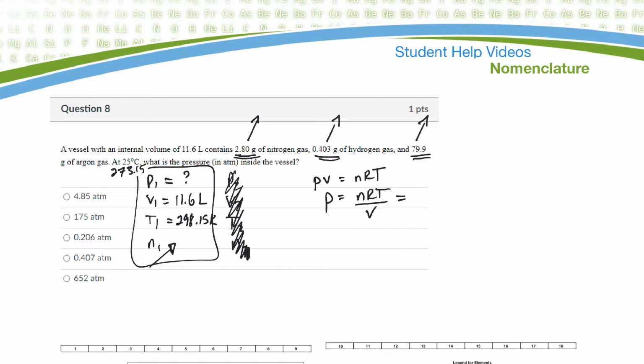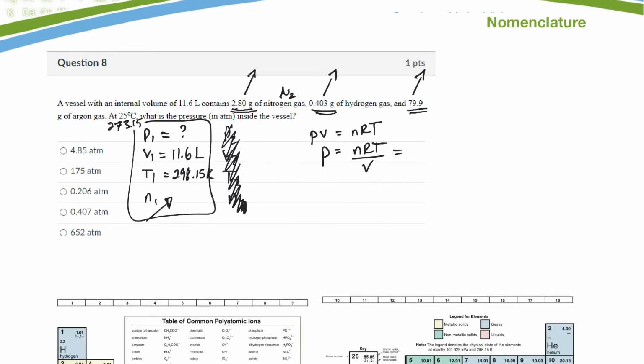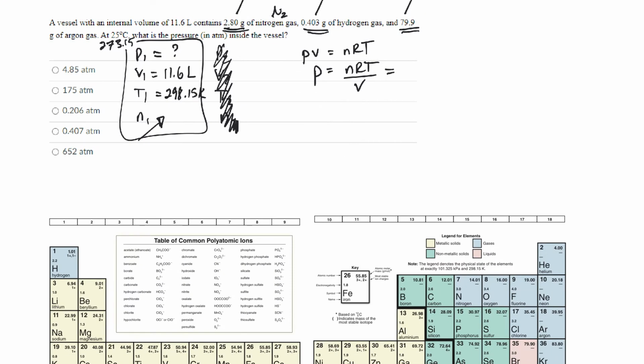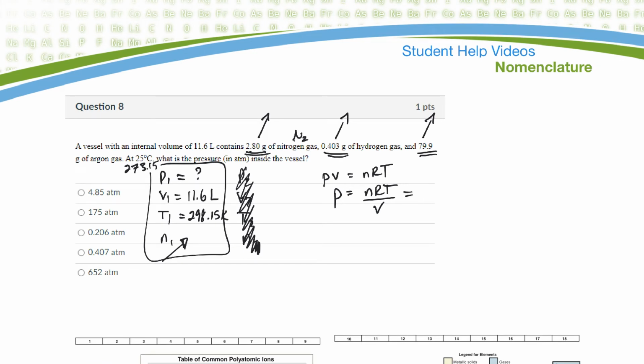Nitrogen gas is N2, and nitrogen is 14.01. The moles of nitrogen are equal to mass over molar mass.